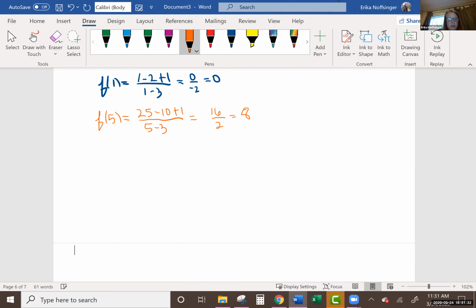And so, we're given that f of x is equal to 3x times e raised to the x plus 2.